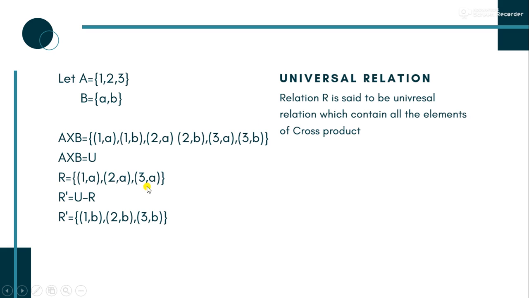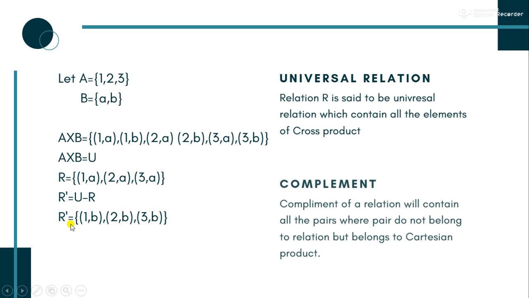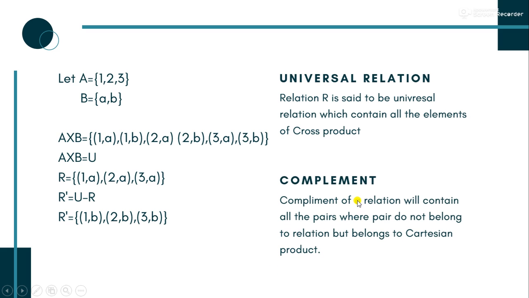So this is nothing but the complement of the relation R. The complement of a relation will contain all the pairs that do not belong to the relation but belong to the cross product. So the complement of a relation contains all those elements which are not in the relation but are in the universal set, or cross product.